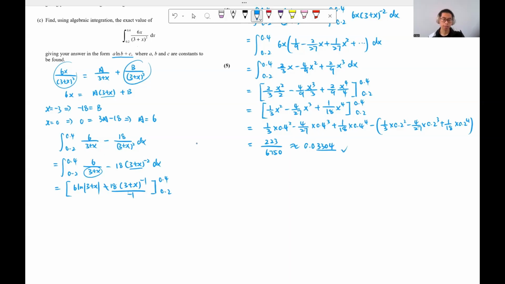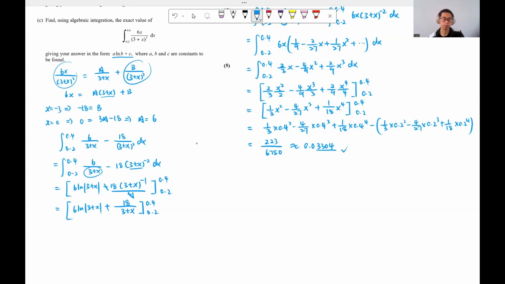And then negative becomes positive, so positive 18 (3 plus x) to the power negative 1. So let me just write it in the second line. So 6 ln(3 plus x), and then plus 18 over 3 plus x, if we rewrite it, with the same limits as before.